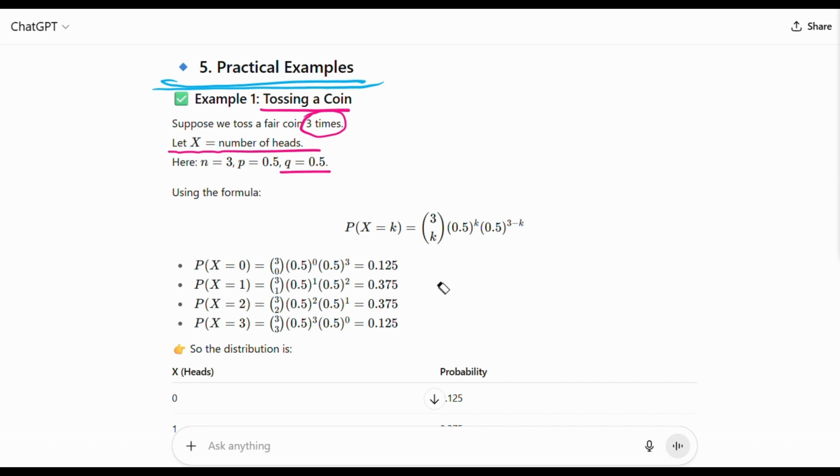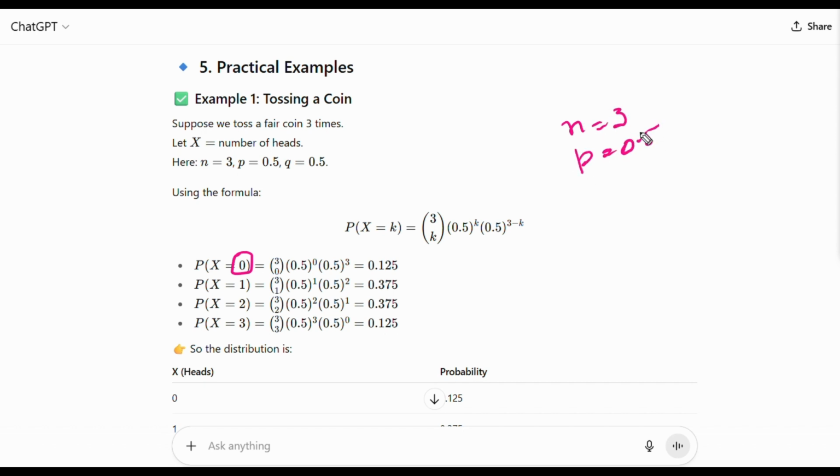Next, using the formula, coming to the problem: what is the probability of getting 0 heads? In that case, n is equal to 3, p is equal to 0.5, k is equal to 0 and q is equal to 0.5.